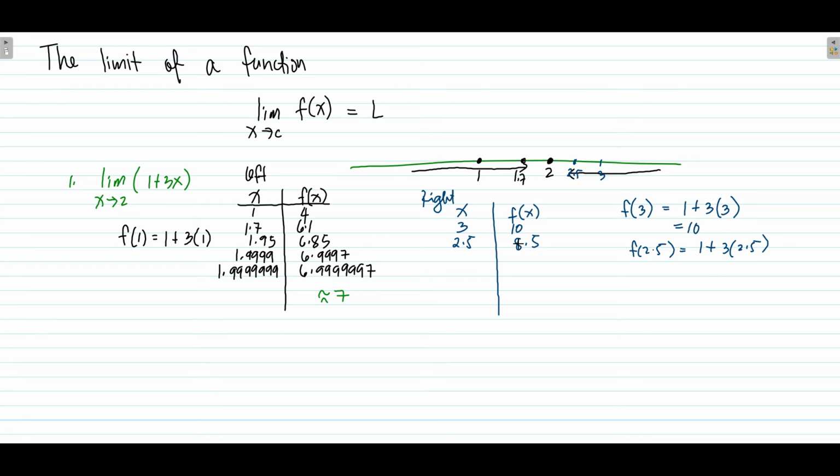So ayan yung sagot natin, 8.5. And if you like to go close, mas malapit pa sa 2, we can use 2.005 para malapit na tayo. And based on my calculator, that is 7.0015.